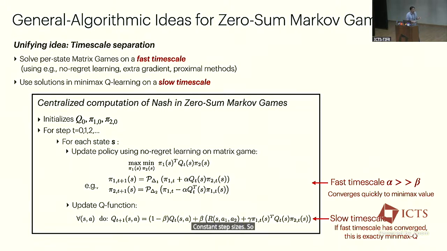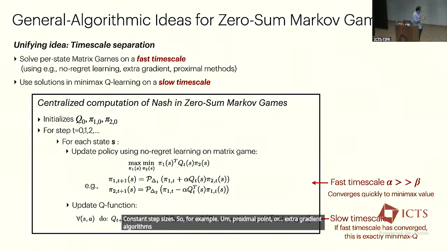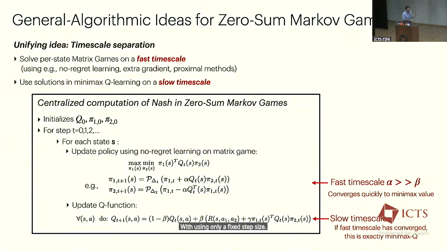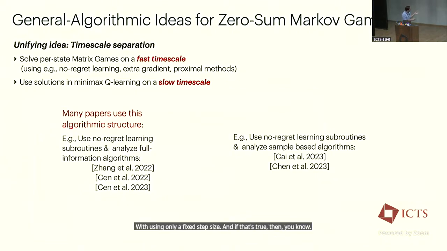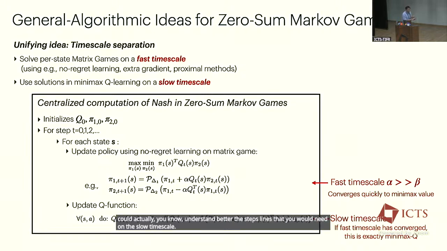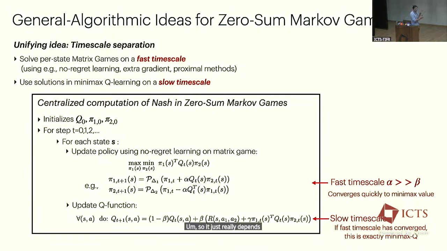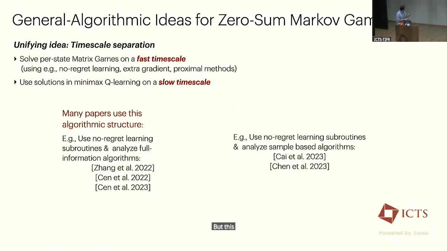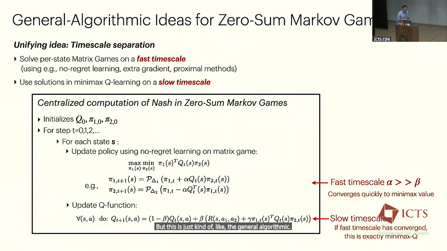So for example, proximal point or extra gradient algorithms, they'll converge in a last iterate sense using only a fixed step size. And if that's true, then you could actually understand better the step size that you would need on the slow time scale. So it just really depends on the two pieces that you're putting together. But this is just the general algorithmic principle that people use.